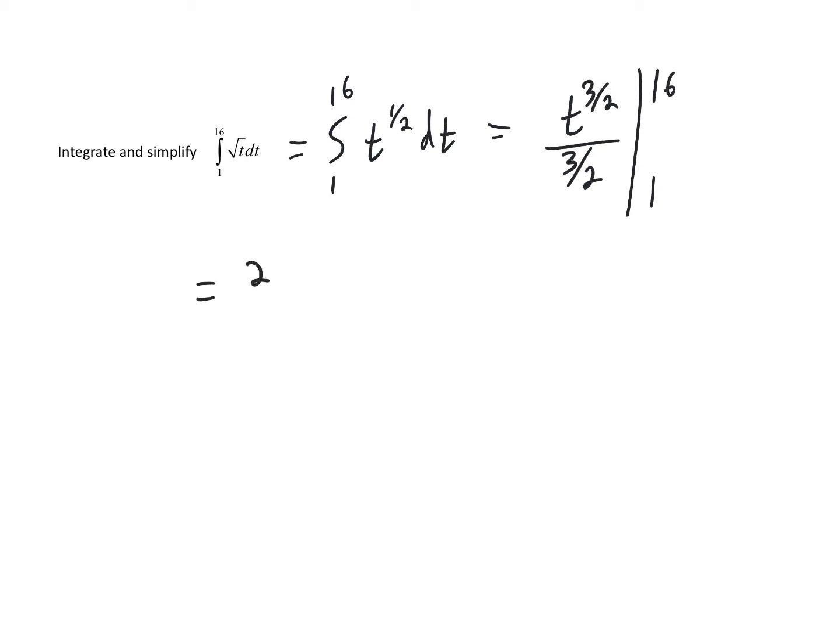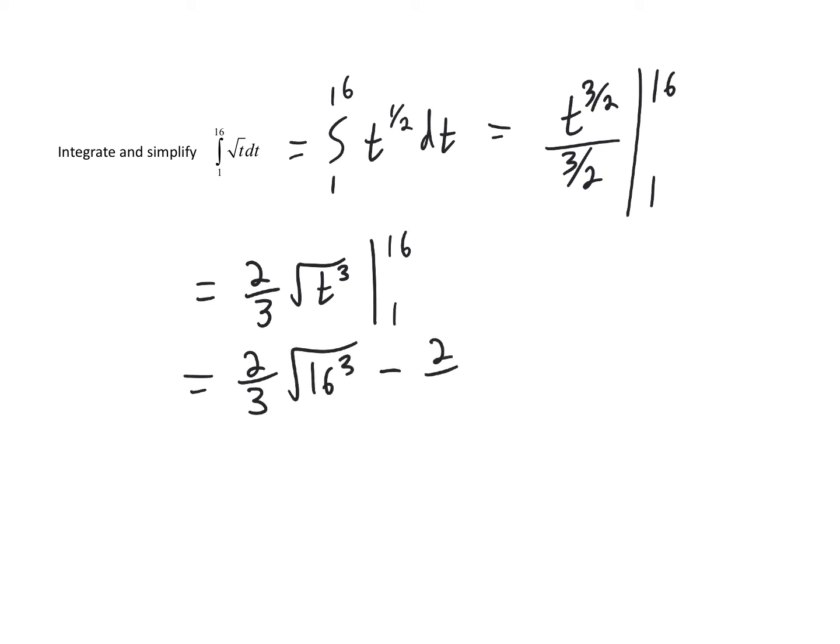We can simplify that to 2/3 of the root of t cubed, evaluated from 1 to 16. So we have 2/3 times the root of 16 cubed minus 2/3 of the root of 1 to the 3rd. This calculates out to 42.